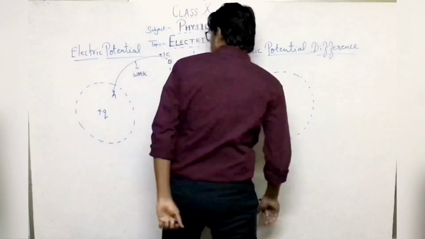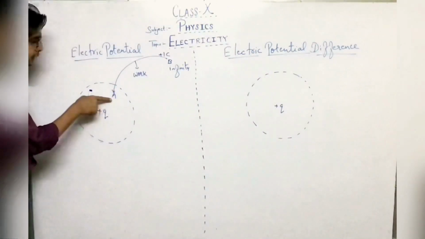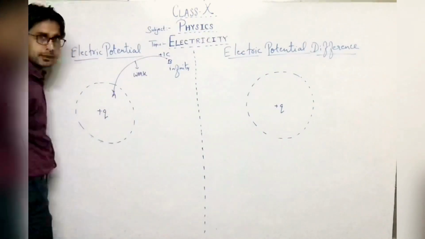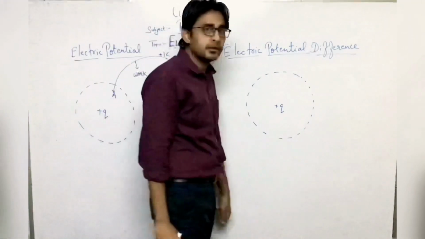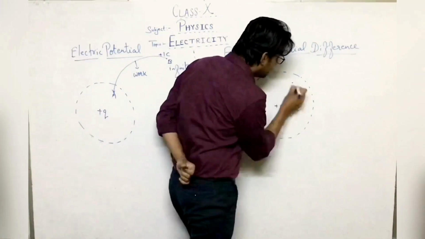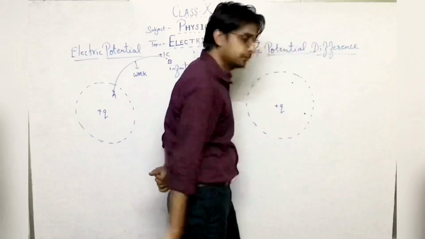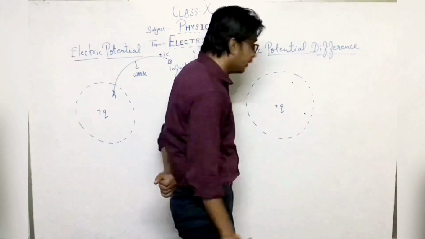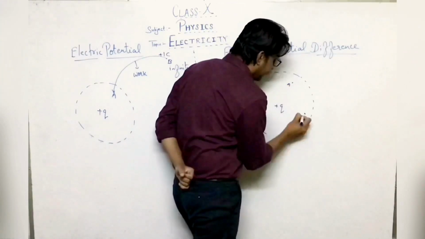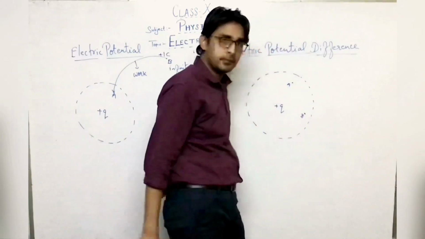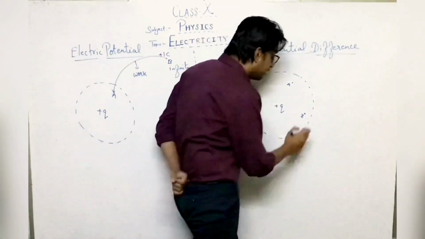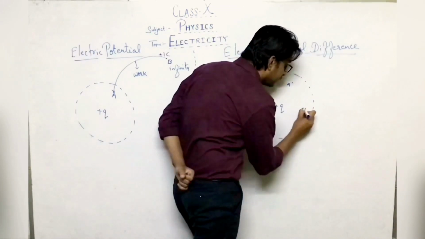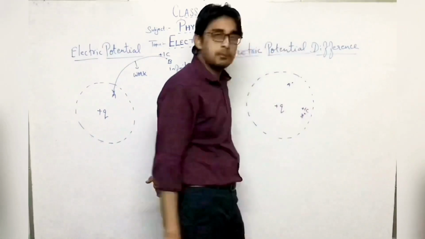Now, here we considered 2 points, one inside and one outside. Here also we will consider 2 points, but both will be inside. Let it be A and this point as B. Here also we will consider another charge plus 1 coulomb, which is unit positive charge.